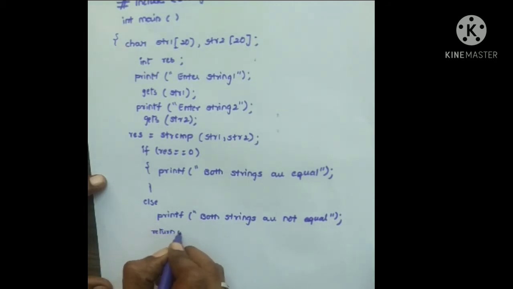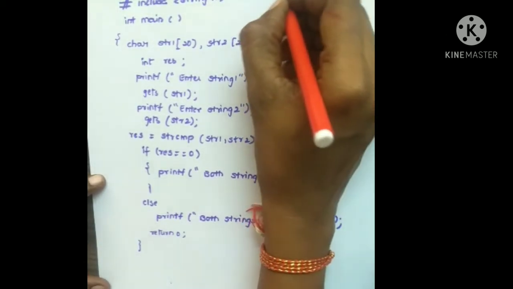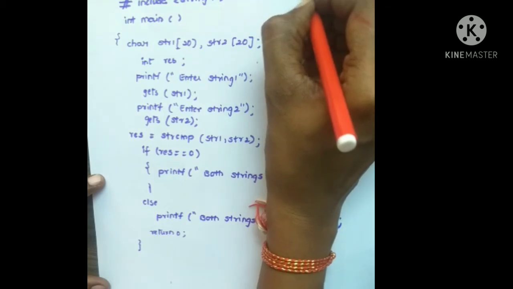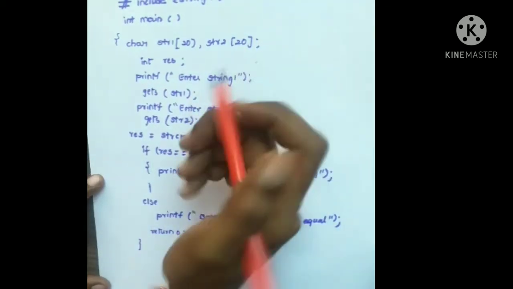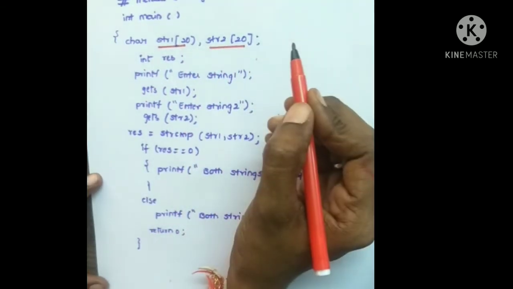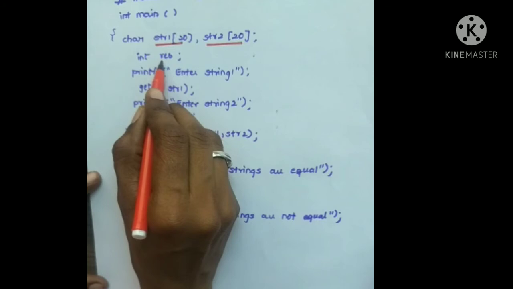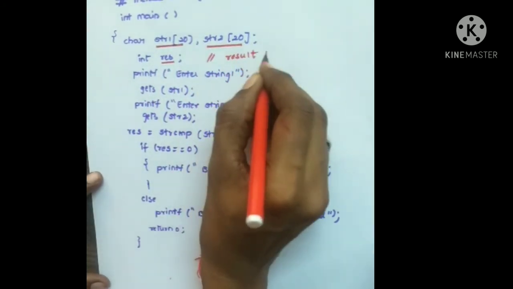So this is the program regarding string comparison. We are going to compare two different strings. Here str1 is one character array and str2 is another character array. Result is used to compare two different strings.